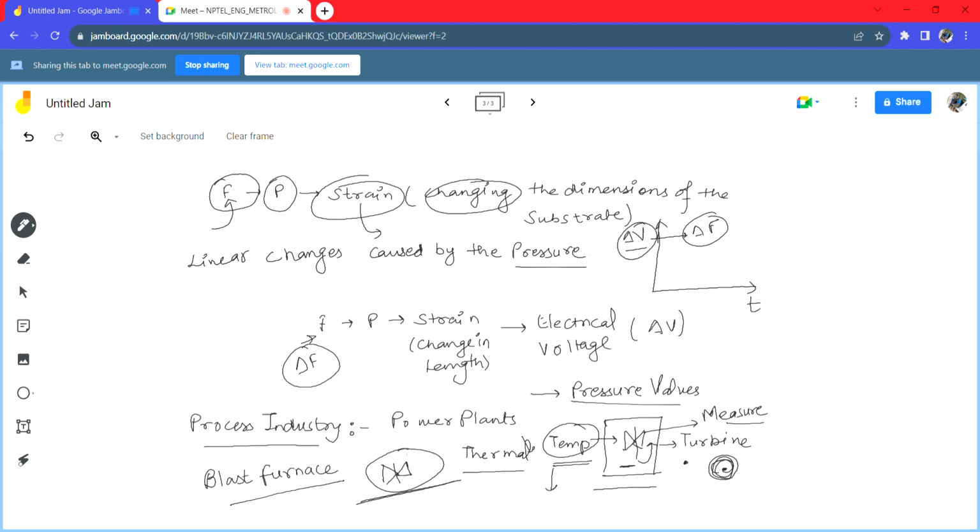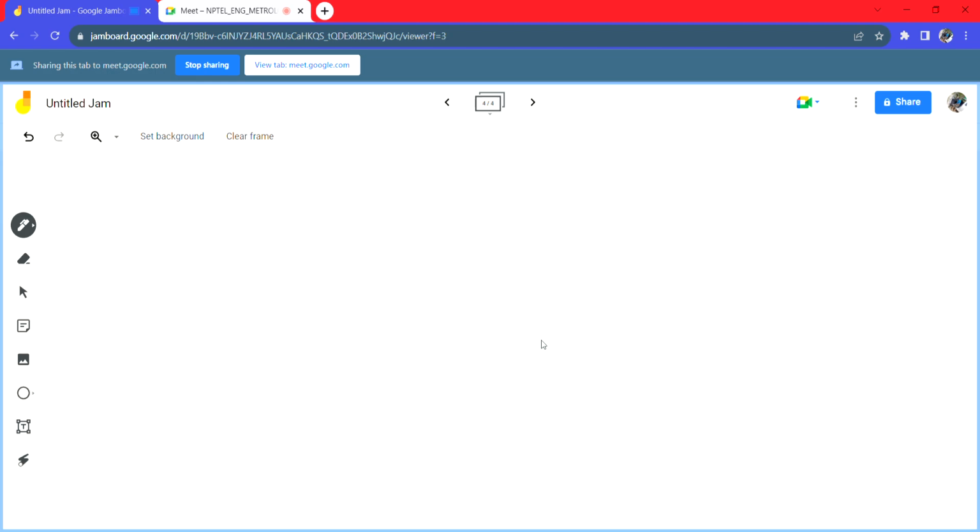So in process industry, it is very important for us to measure the temperatures and the pressure values at different times and different positions of the entire process. So if this concept is clear, that how the force in turn creates pressure and that pressure is modeled to an electrical voltage, let us now move on to designing a pressure transducer.